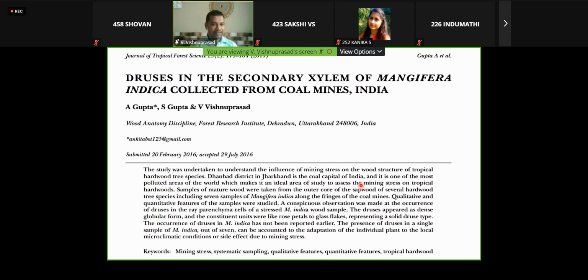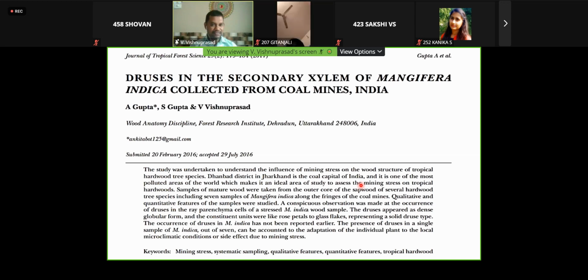Based on the available literature, the presence of druses in Mangifera indica was never reported earlier. So it was the first observation. That was a very drastic change, and that's why it got published. We carried out the SEM and all, and we confirmed the same. So this is another publication based on that, in the Journal of Tropical Forest Science. It's a Malaysian journal, right? So like this, publications can also be available.